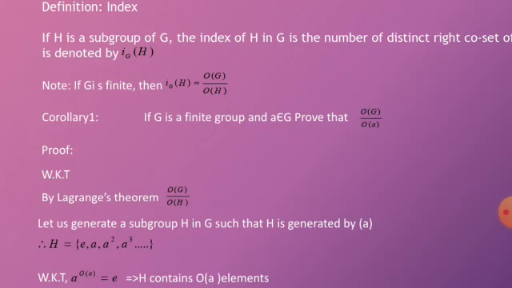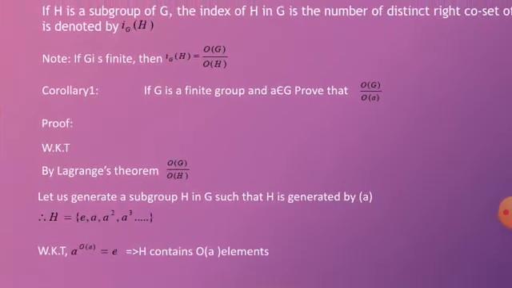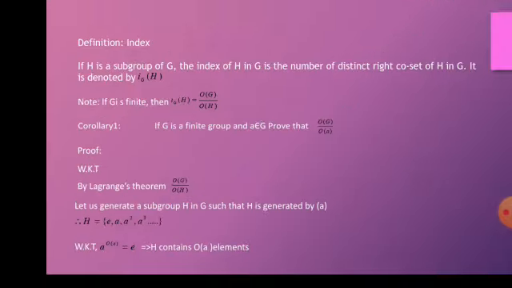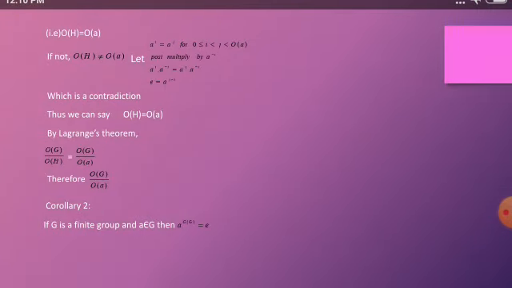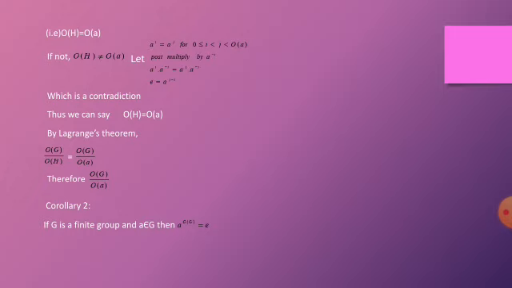Therefore, H is equal to {e, a, a squared, a cubed, and so on}. We know that a to the power of the order of a is the identity element e. That implies H contains order of a elements. That is, the order of H is equal to the order of a.